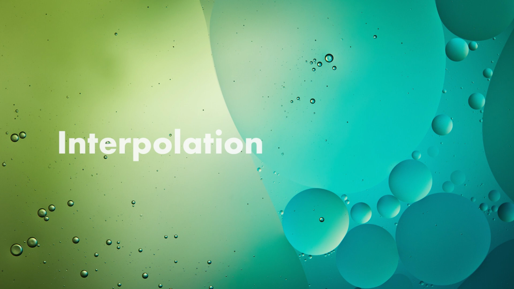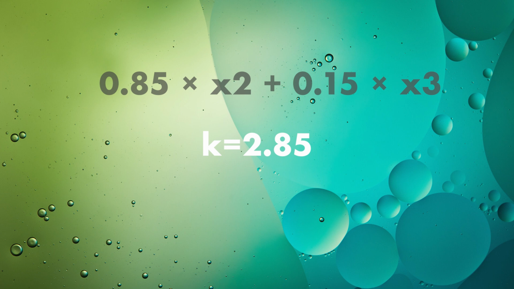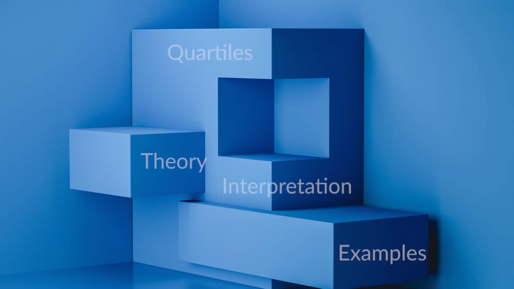Other methods choose to interpolate the values of the elements closest to the quartile position. For example, if the quartile position is 2.85, interpolating the quartile value would give 0.85 multiplied by the second element plus 0.50 multiplied by the third element. With this, we conclude our section on calculating and defining quartiles, and we will go now to the second section.